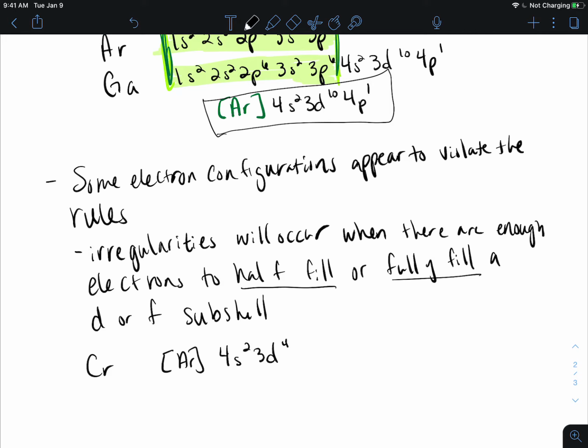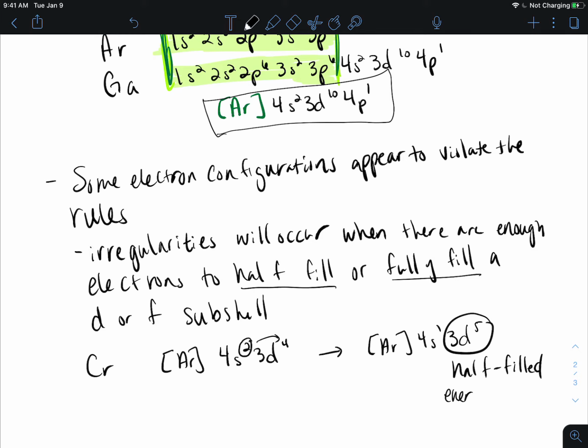But what happens is we are so close to a half-filled state, one of these electrons will promote to there to give us a half-filled state, 4s1 3d5. So this is half-filled, which is energetically favorable.